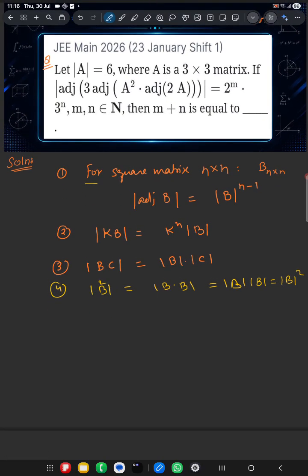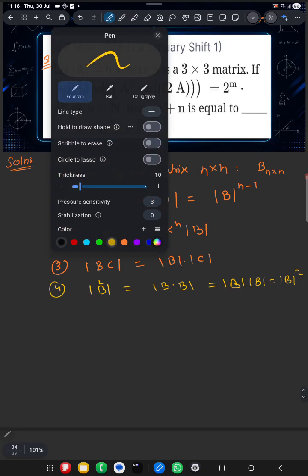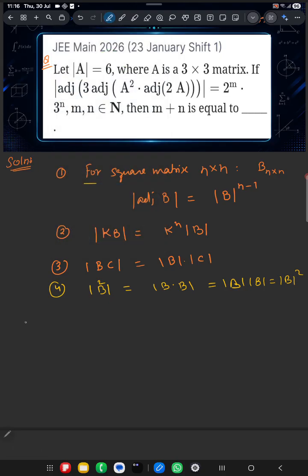Let us see. Our given expression is like this. I am writing the whole expression: determinant of adjoint of 3 into adjoint of A square into adjoint of twice of A, with 1 bracket, 2 bracket, 3 bracket.